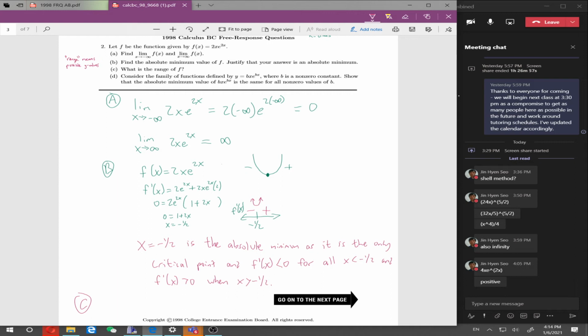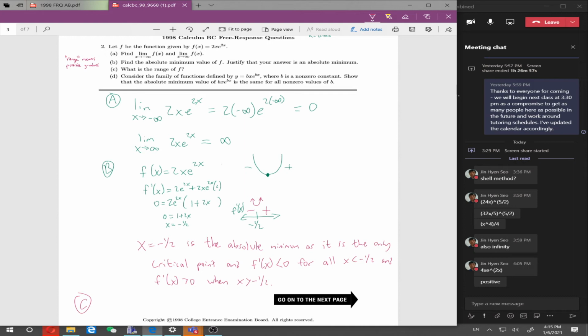What's the largest possible y value? Infinity. Okay, largest possible is infinity from part A. So our range must be between whatever f of negative 1/2 is and infinity.